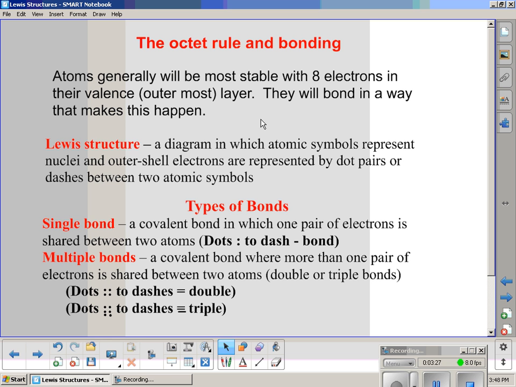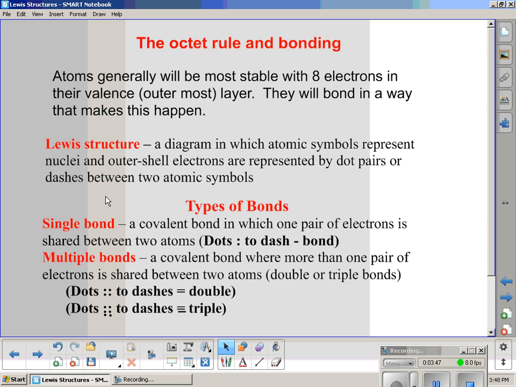Now we're going to draw these so that they have 8 electrons using what's called a Lewis structure. That's a diagram where you use the atomic symbols, just like we had before. And we have dots for unbonded electrons, just like you saw in the last slide. And we also have a way of showing how atoms are bonded together.